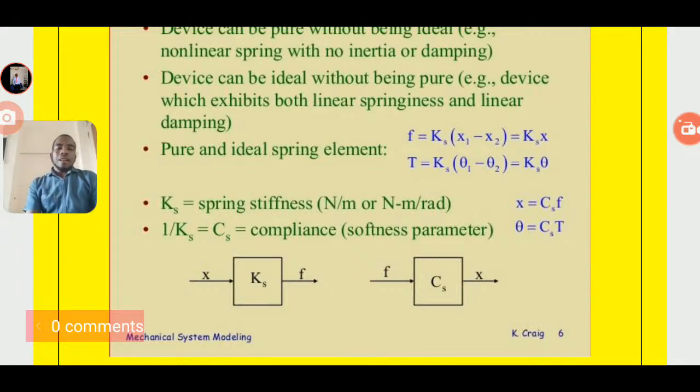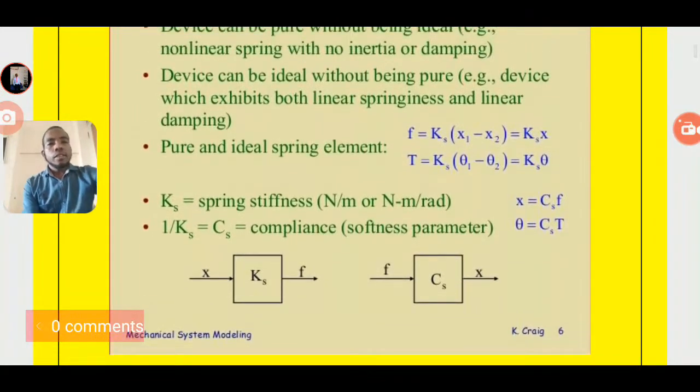We can see the formulas here. F is the force, and T is the torque. F is equal to Ks into (x1 minus x2), which we can write as Ks of x.